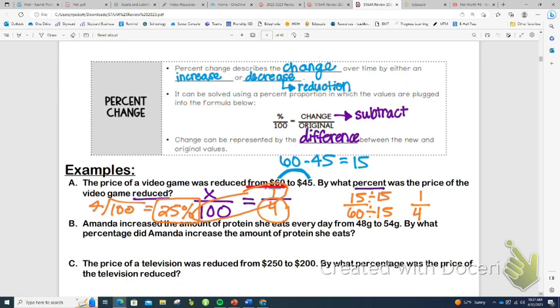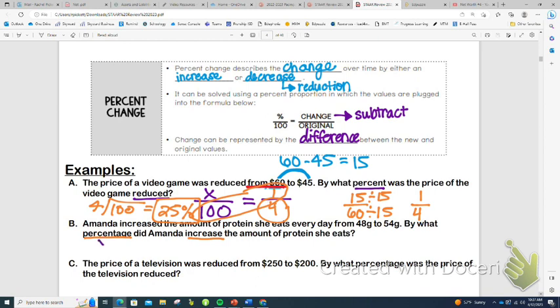Looking at example B, we're going to do the same thing. It says Amanda increased the amount of protein she eats every day from 48 grams to 54 grams. By what percentage, underline percent, did Amanda increase the amount of protein she eats? So again, we have our two key words of percent and increase, which indicates that we are doing a percent change.